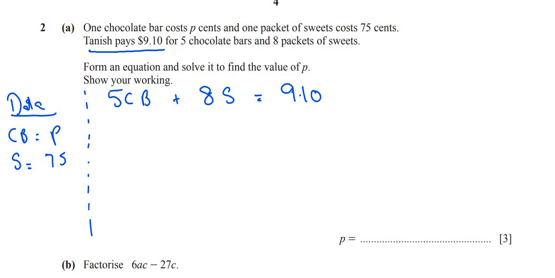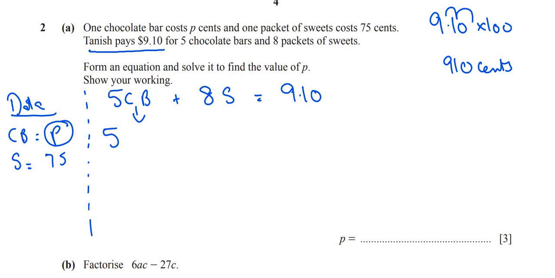The best way to do this question is convert $9.10 into cents. So $1 has 100 cents. Multiply this with 100. It will go 2 places forward, so this becomes 910 cents. So 5, and in place of CB, what's the value of CB? It's P. So we will write 5P plus 8. What's the value of S?